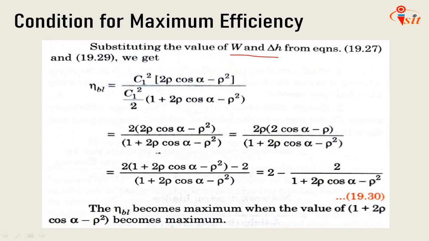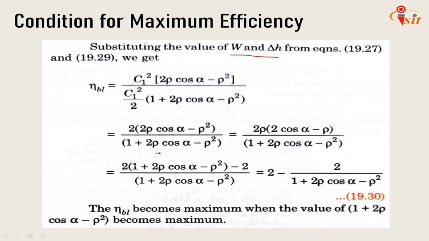Now C1 square gets cancelled, and 2 will come into the numerator, that is 2 multiplied by (2 rho cos alpha minus rho square) divided by (1 plus 2 rho cos alpha minus rho square). We can rewrite the equation as 2 rho (2 cos alpha minus rho) divided by (1 plus 2 rho cos alpha minus rho square).